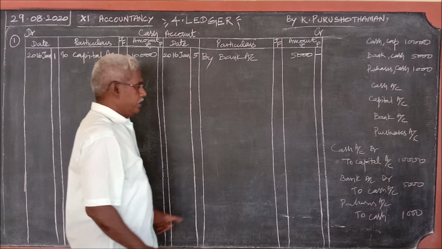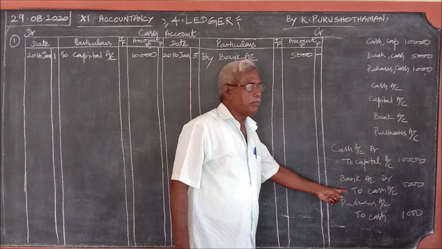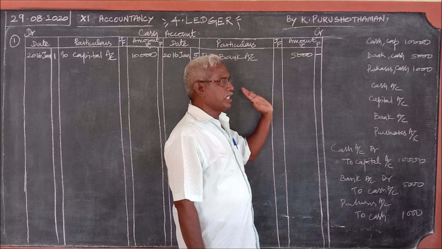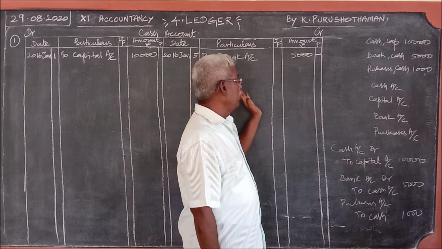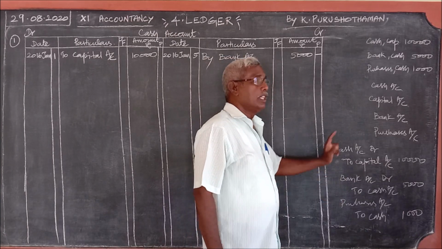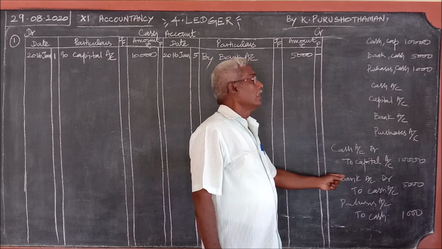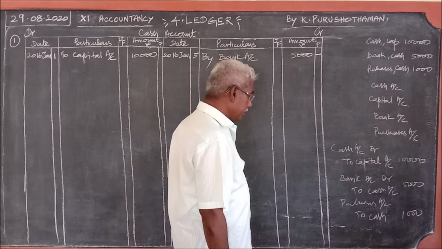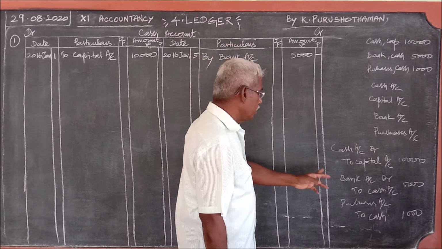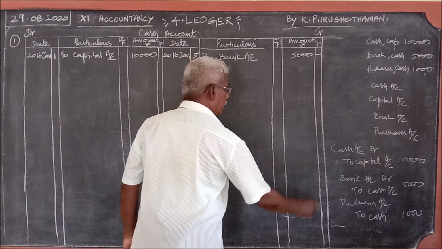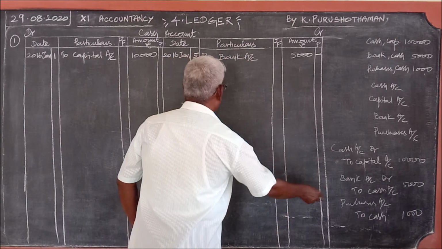So in the next journal entry, cash is appearing on the credit side, therefore the posting must be on the credit side, but not the cash account, which is coming along with it, that is bank account we should write. Okay, then we shall pass on to the third one, where the cash account appears on the credit side.